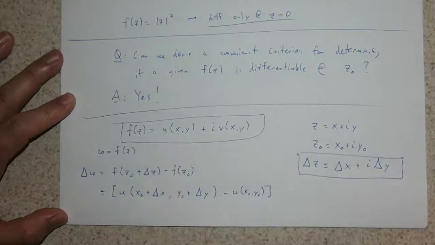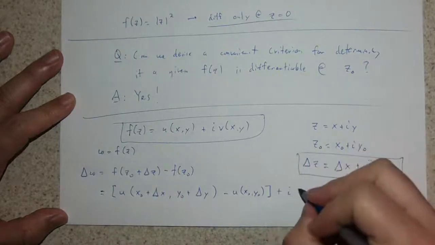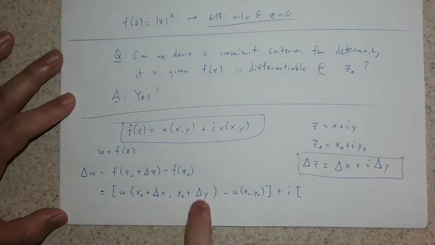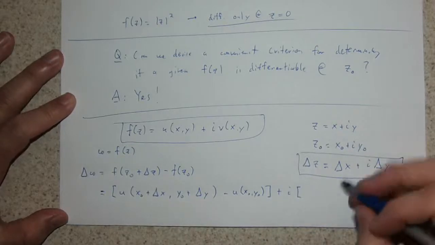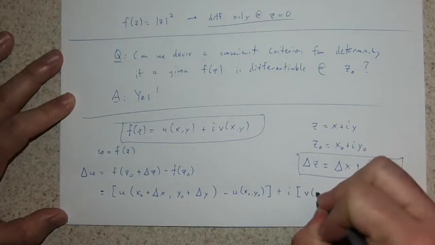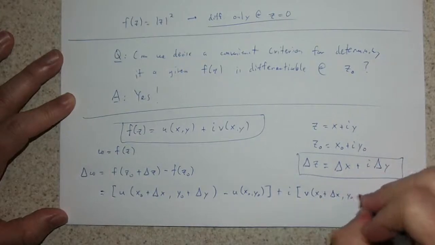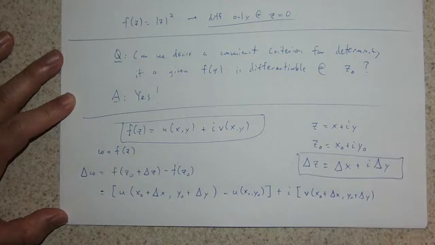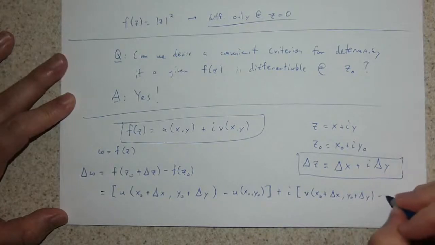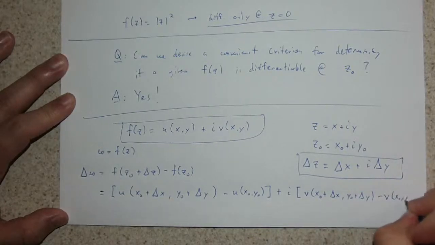Plus i times a similar expression, so v of x naught plus delta x, y naught plus delta y in the x and y slots respectively, minus v of x naught y naught.